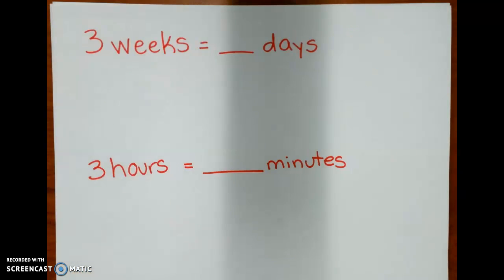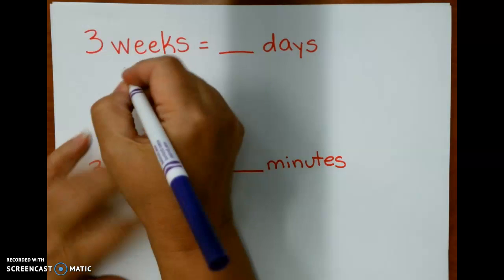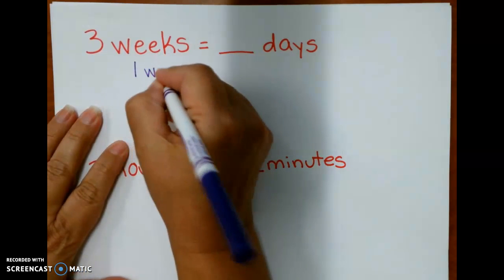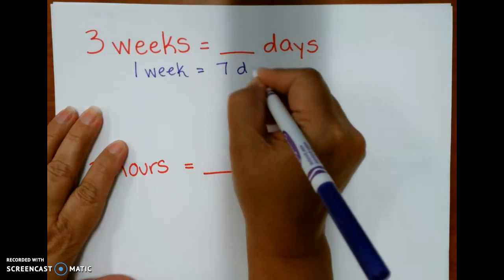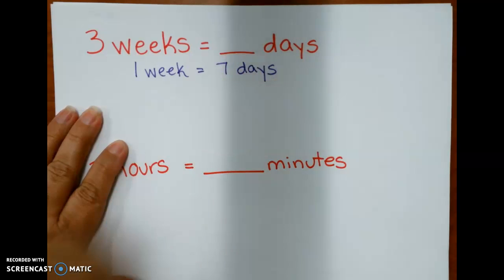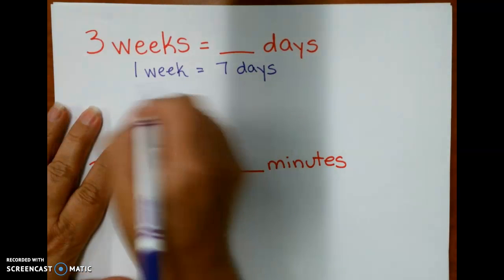So the first two we're going to work on are pretty easy. How many days are in 3 weeks? So 3 weeks equals how many days? So 1 week equals 7 days. We all know that. And we have 3 weeks.